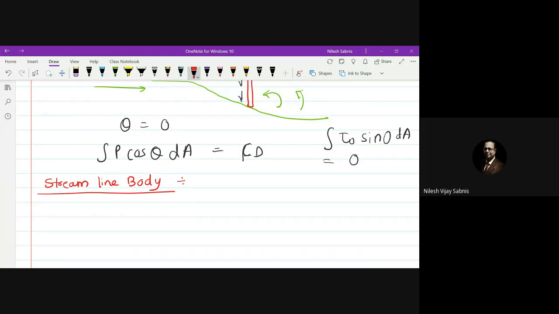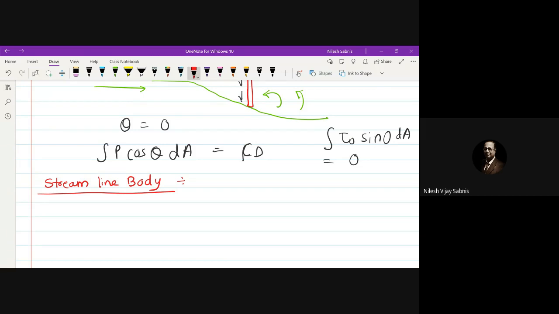In that case, separation of flow will take place only at the rearmost part of the body. So boundary layer separation will not happen in streamline bodies. The boundary layer starts at the leading edge and becomes turbulent from laminar, as we know from the formation of boundary layer, but it will not separate before the rearmost part of the body.